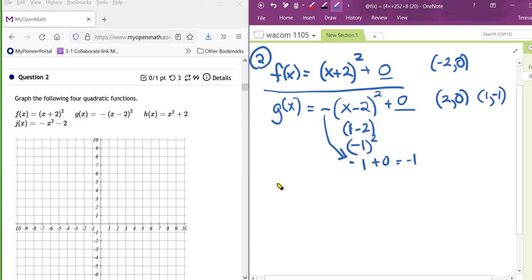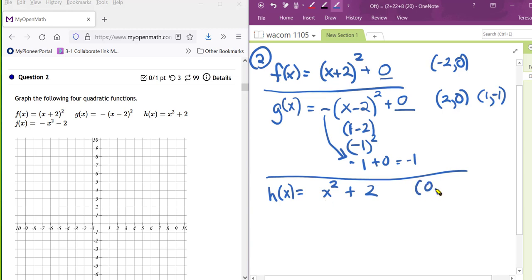H of x has one thing a little different that I just wanted to point out. It is in the standard form. You don't see x minus h here. So if there's nothing to subtract, it means that h is 0. So this one, the vertex is 0, 2. So it is x minus 0 squared plus 2 to put it in the actual form.